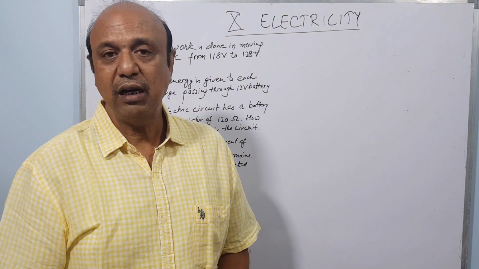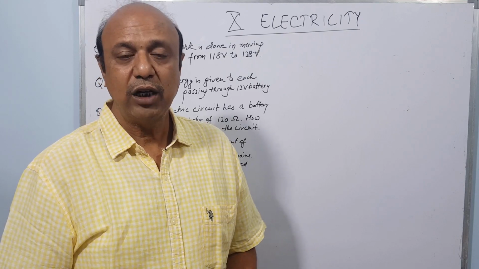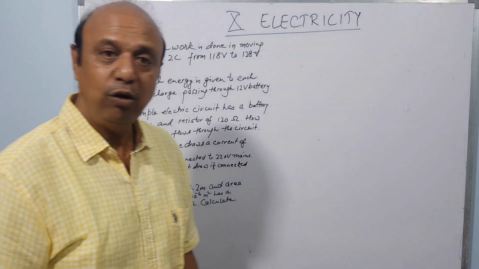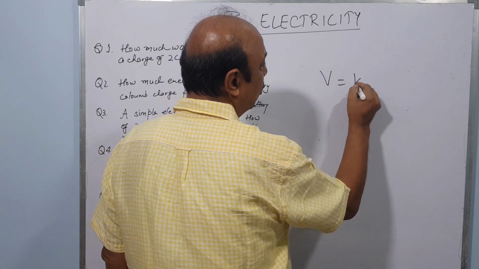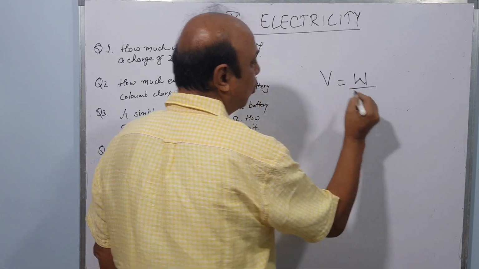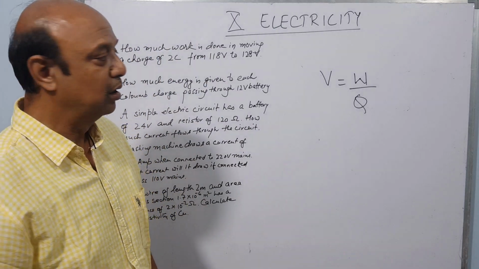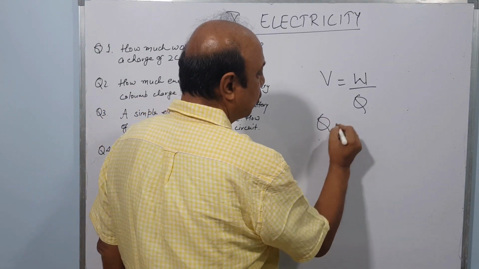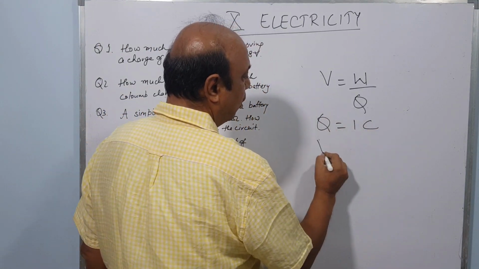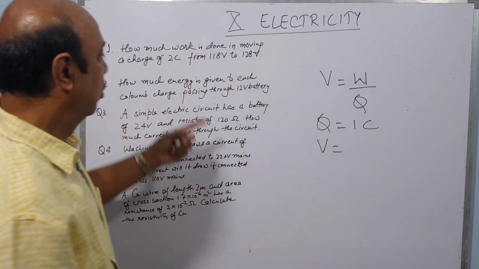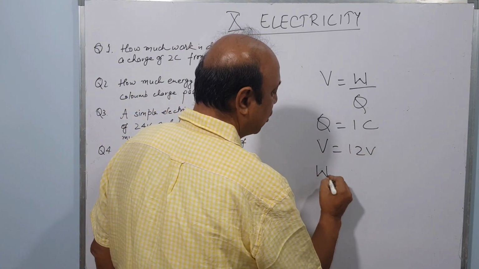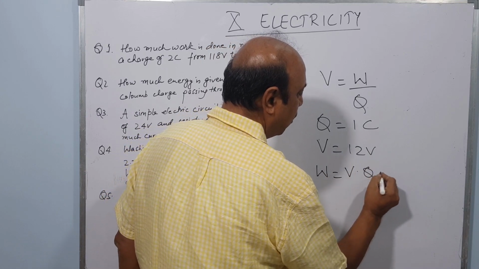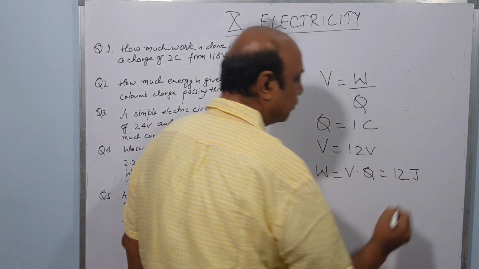We have not studied any formula for energy with respect to charge, have we? No. But we have studied V is equal to W upon Q, where Q is equal to 1 coulomb, V is equal to 12 volt. So work done is equal to V into Q, which is equal to 12 joules.